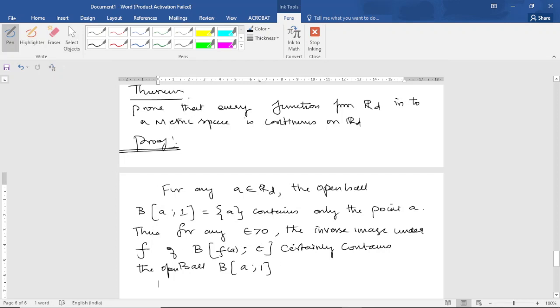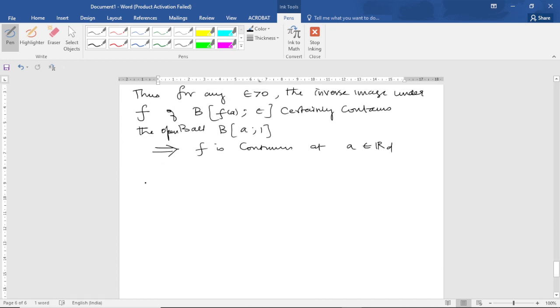This is sure. So this implies, by the three equivalent statements, that F is continuous at a single point A in the discrete metric space RD.